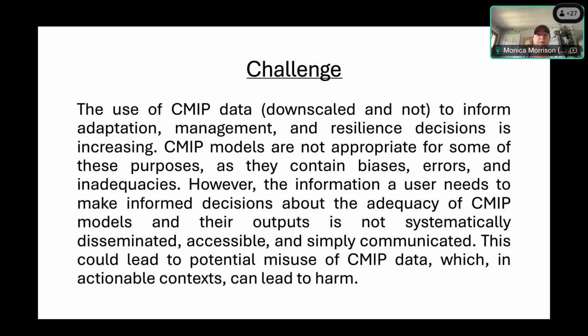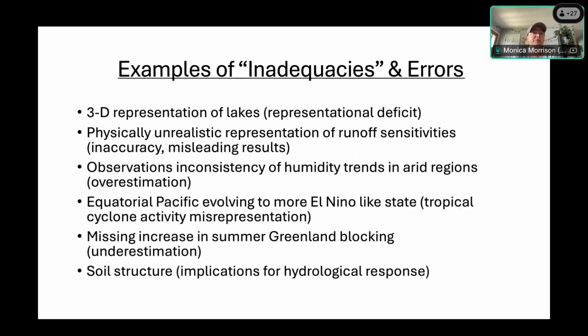Some examples of the things that need to be communicated, because there is risk in using models that have these sorts of attributes for certain purposes, are certain representational deficits or simplified representations that render the model unable to represent processes or dynamics that matter for understanding certain impacts. An example of that is a 3D representation of lakes.